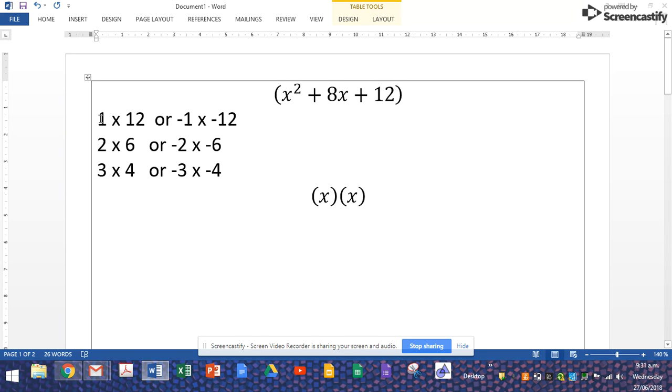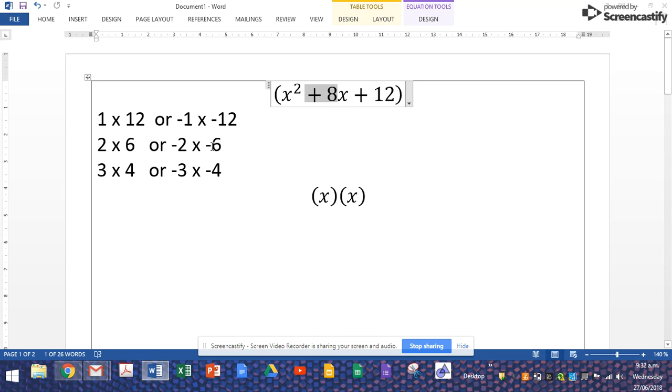So positive 12 can be obtained by doing that, or that, or this, or that. So effectively there's 1, 2, 3, 4, 5, 6 combinations to get a product of positive 12. We're looking for the perfect combination which will sum to give positive 8.